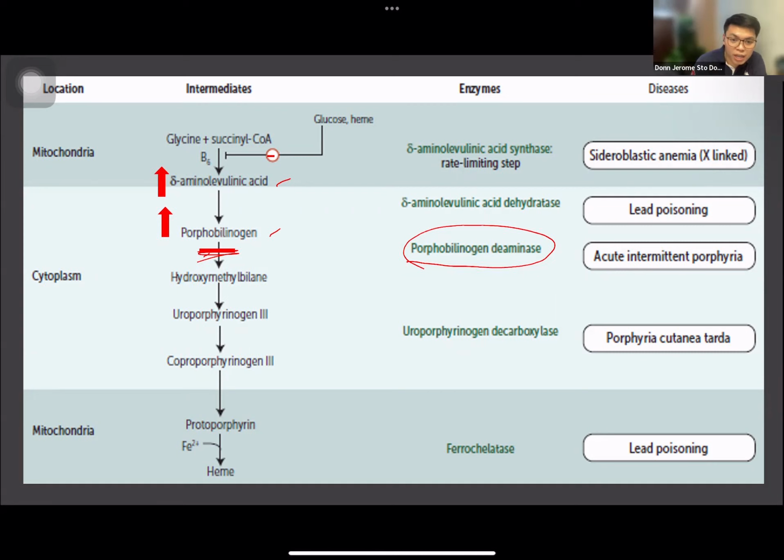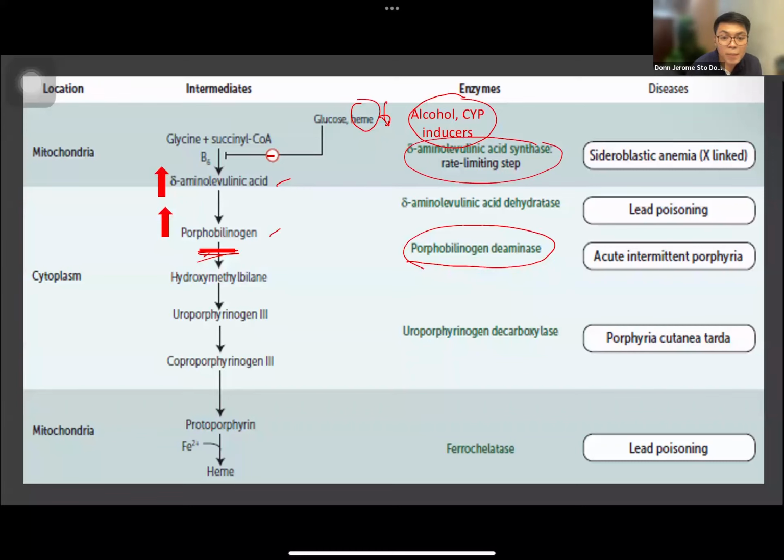So imagine your patient goes on a binge drinking or took medications that are CYP450 inducers. They took excessive alcohol and CYP450 inducers. What happens to the level of heme? It will decrease the level of heme. And that would remove the inhibition of heme to your ALAS synthase.